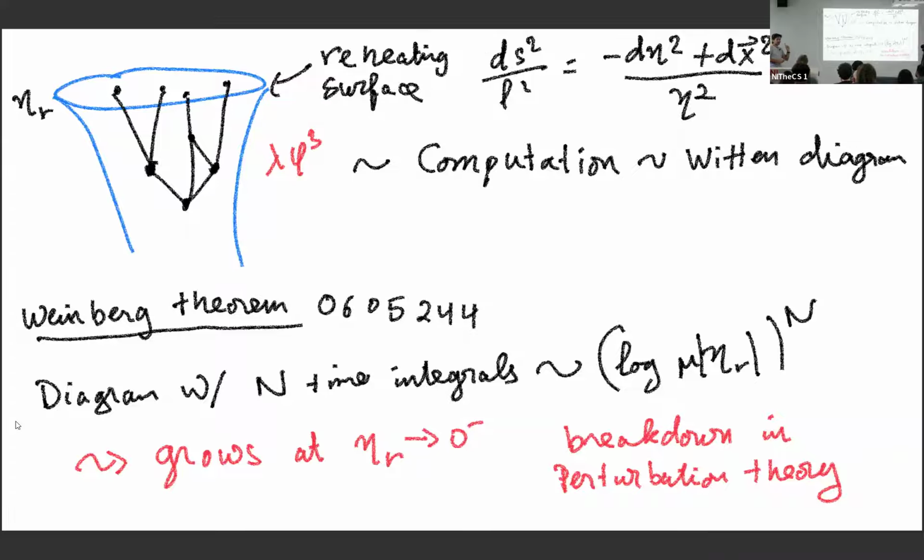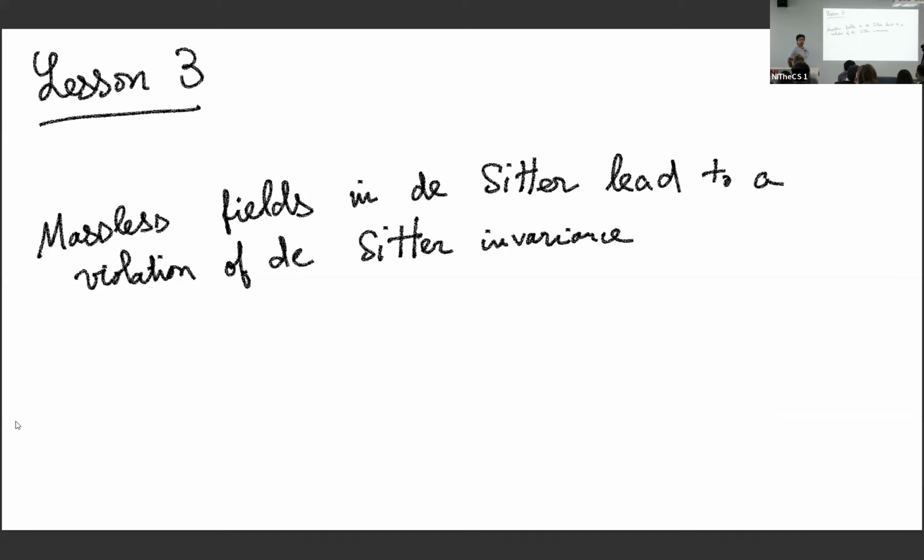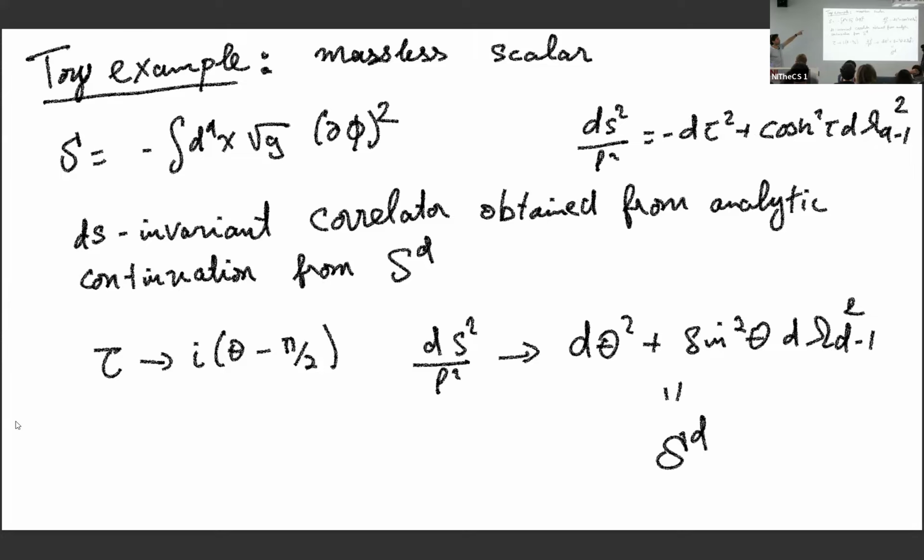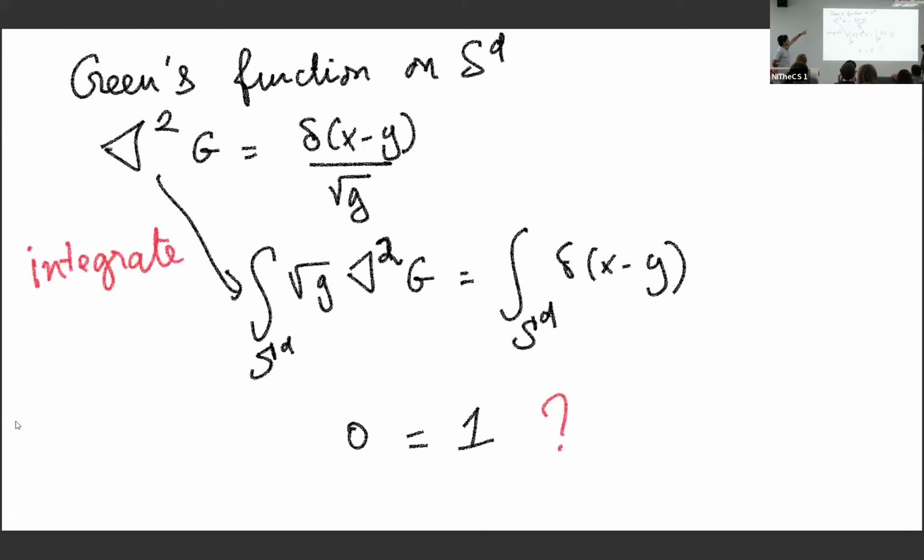The next lesson is the one that I talked about yesterday. Massless fields lead to a violation of de Sitter invariance. I gave this example before. If you have a massless particle on de Sitter, you may think that this is a very reasonable Lagrangian. However, the two-point function is inconsistent for such a massless particle if you try to analytically continue it from the sphere.